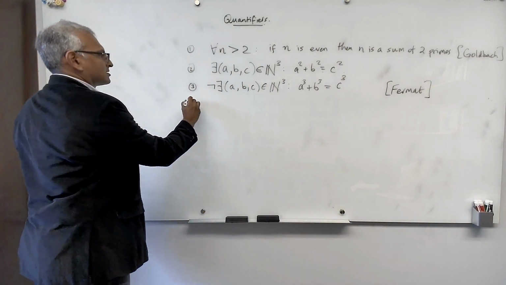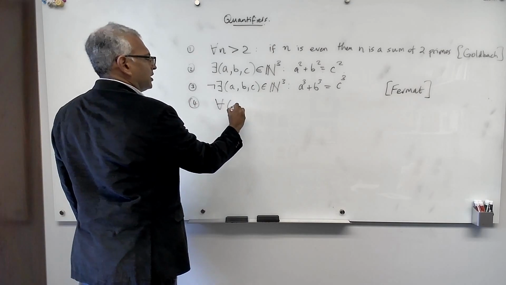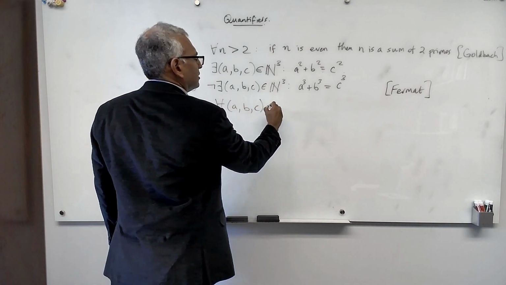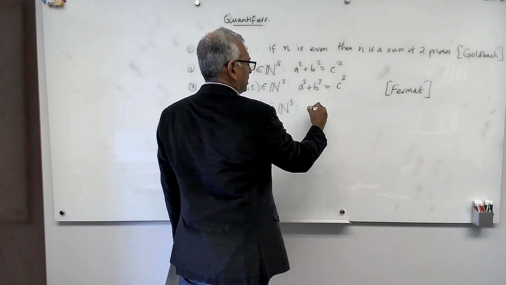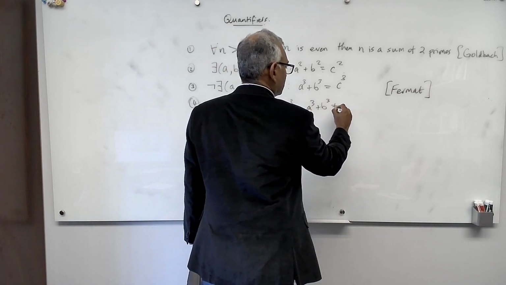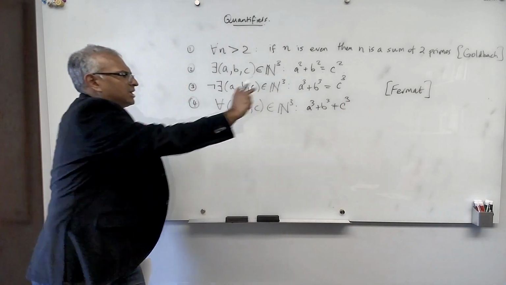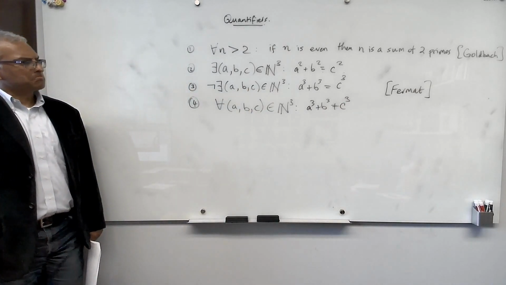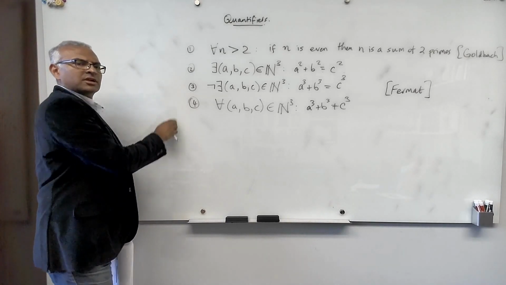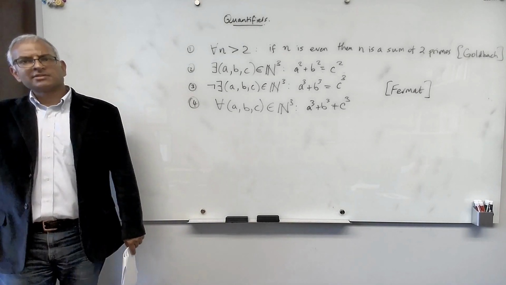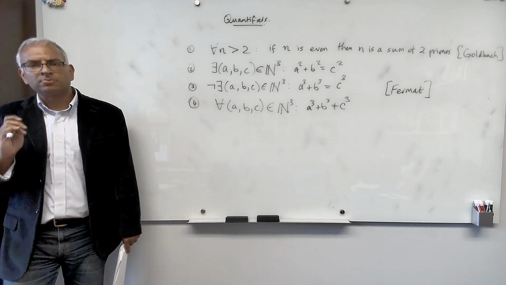And lastly, 4. For all A, B, and C in n cubed, we are going to assert that a cubed plus b cubed is not equal to c cubed. What would it take to prove that to you? I also urge you to think about the relationship between 3 and 4. Okay, and I'll see you next lecture. But think about what it would take to prove these things to you.